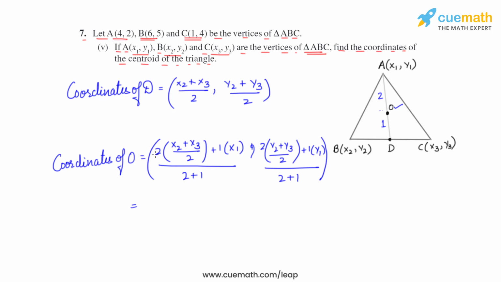Now 2 gets cancelled here, 2 gets cancelled here. So x2 plus x3 plus x1, or we can say x1 plus x2 plus x3 by 3, comma y1 plus y2 plus y3 by 3. So these are the coordinates of the centroid of a triangle. So this is the answer for the fifth part.